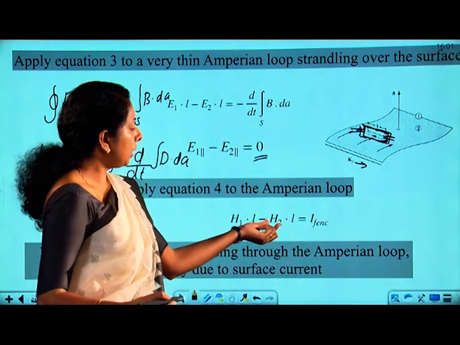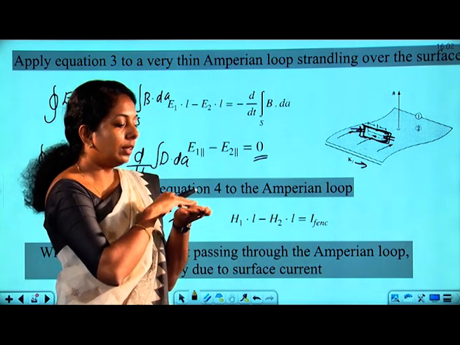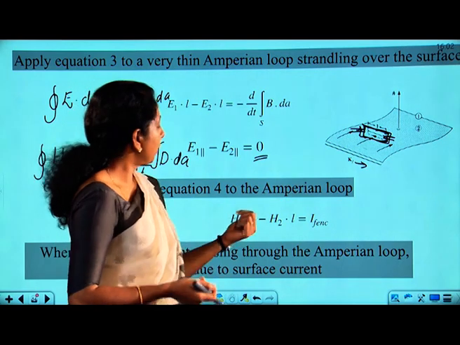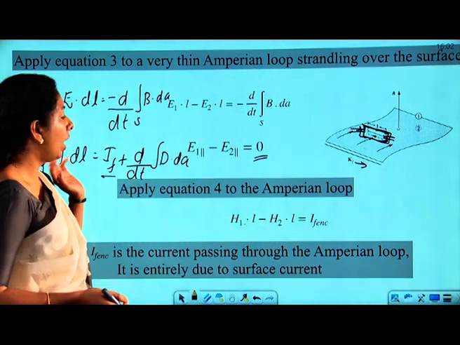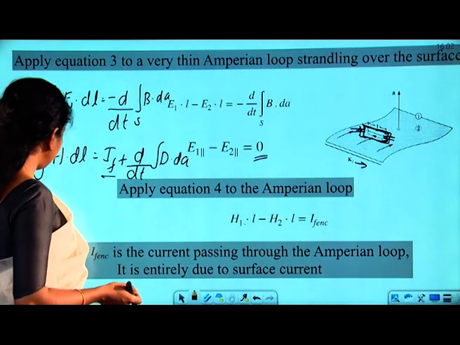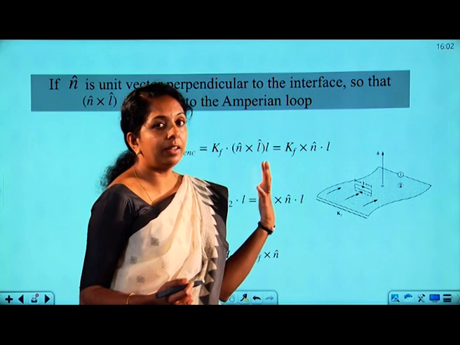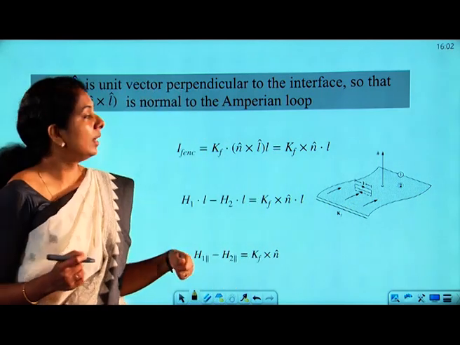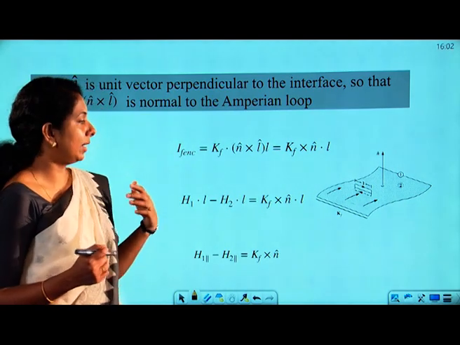This term becomes negative just because we are taking the upward direction of length as positive. So, H1 dot L minus H2 dot L is equal to I_f enclosed. But here we have the plane sheet having surface current density Kf. So, we have to express this I_f enclosed in terms of surface current density.